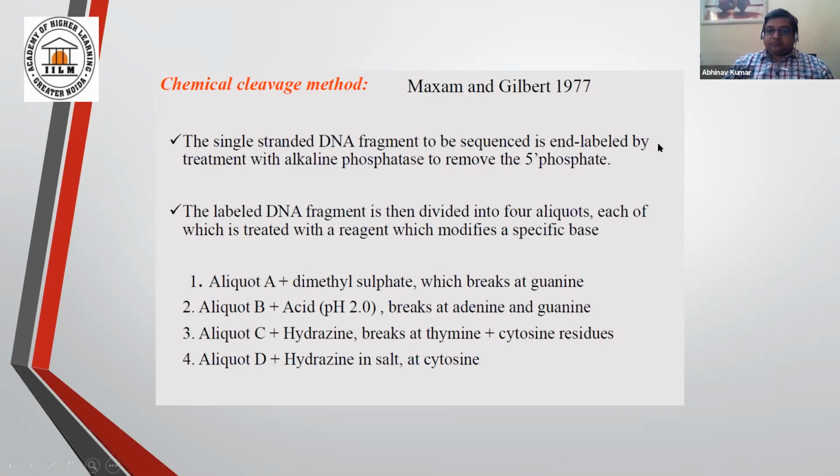Fine. So for the labeling of the DNA fragment, they use 4 kinds of chemicals: dimethyl sulfate, acid, hydrazine, and hydrazine plus salt. I'm telling you some basic concept behind this.